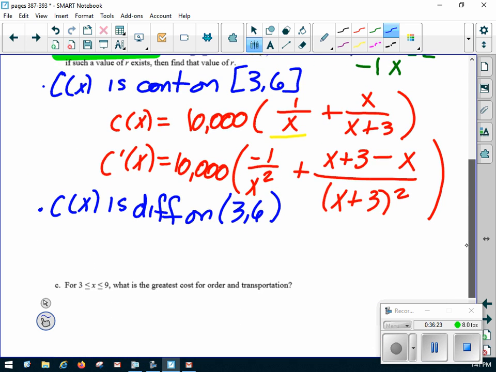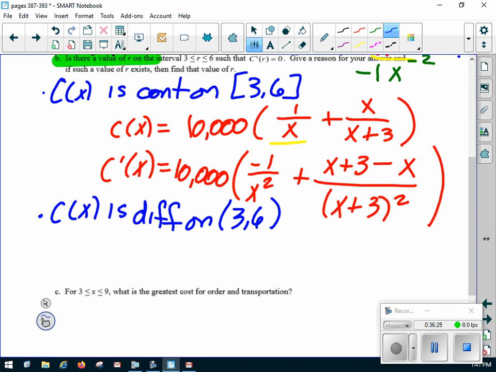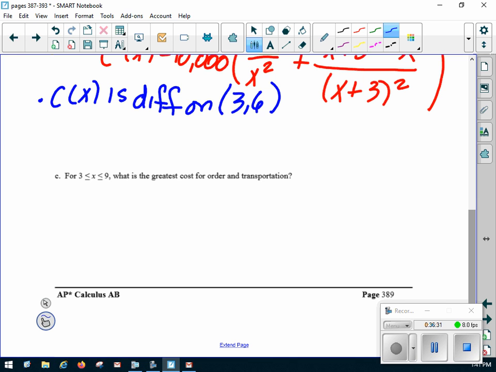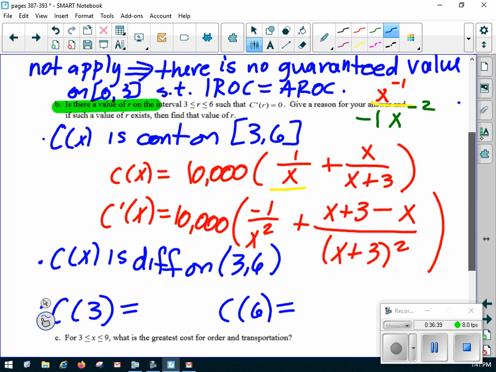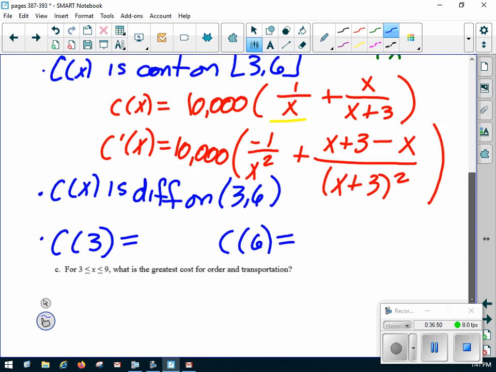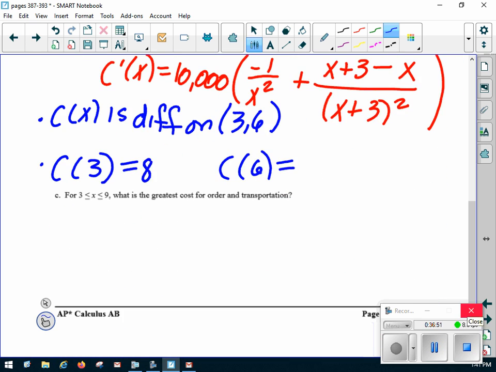We're thinking if Rolle's applies. Do I have any more criteria for Rolle's? Okay. What's C of 3 and C of 6? You dang right you can use your calculator. 8,000, say again?